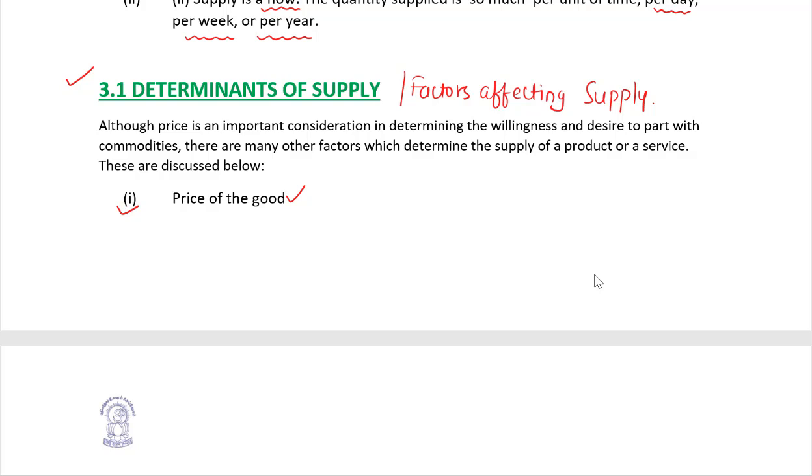So take notes along with me now. Price of the good is directly linked with its supply.